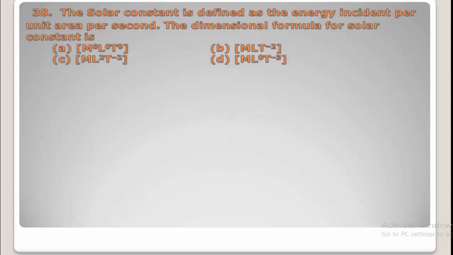The solar constant is defined as the energy incident per unit area per second. The dimensional formula for solar constant is, the solar constant S is given by energy per unit area per second.